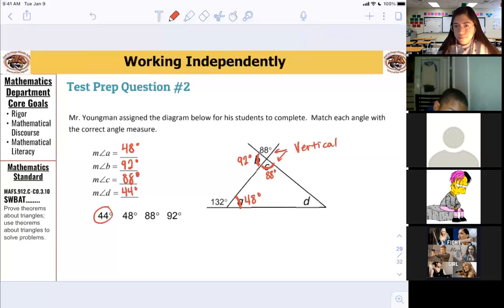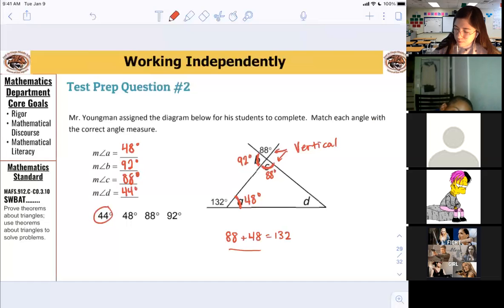Anyone? Go ahead. If you have 88 plus 48, that's equal to 132, right? And then if you add 44, oh, never mind. I thought it was going to be equal to 180.